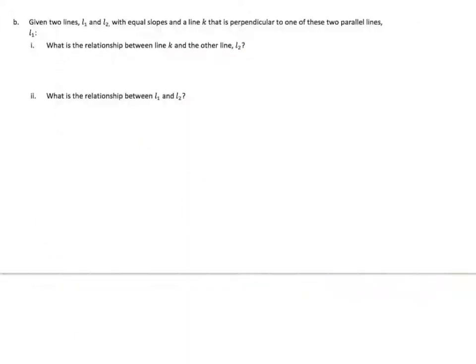Cool? Right, given two lines, L1 and L2, with equal slopes, and a line K that is perpendicular to one of these two parallel lines, what is the relationship between line K and the other line, line 2? So if K is perpendicular to line 1, and line 1 and line 2 have equal slopes, I should not be using yellow, it's very hard to see, I know. So I know line 1 and line 2 have equal slopes.